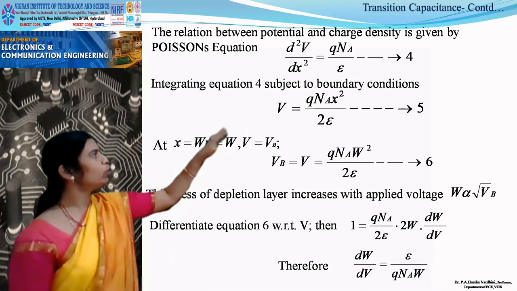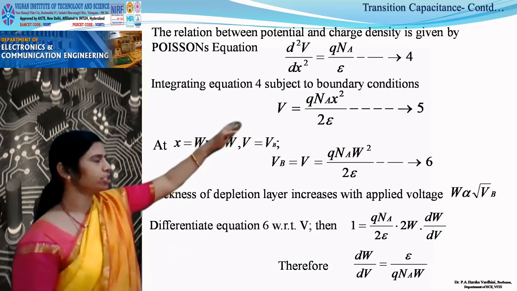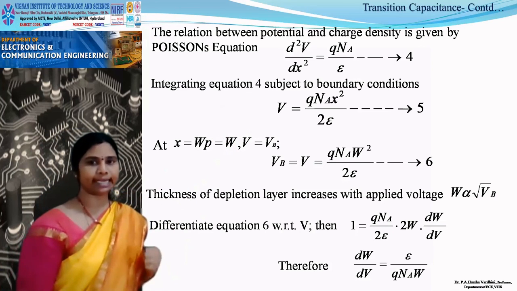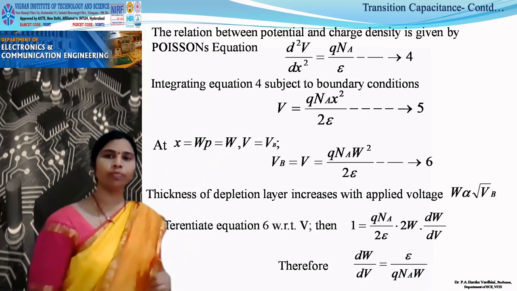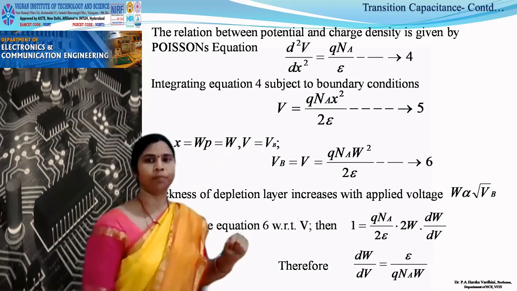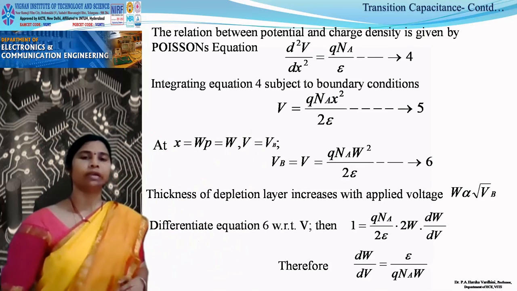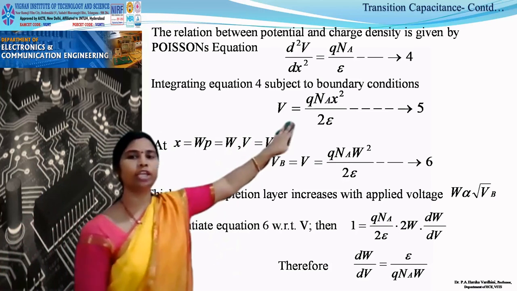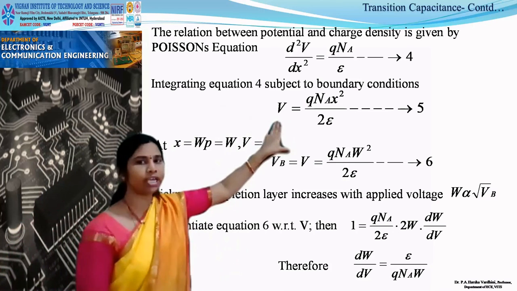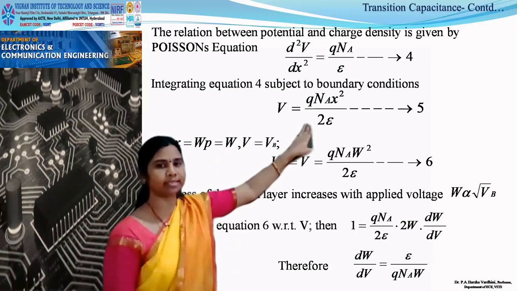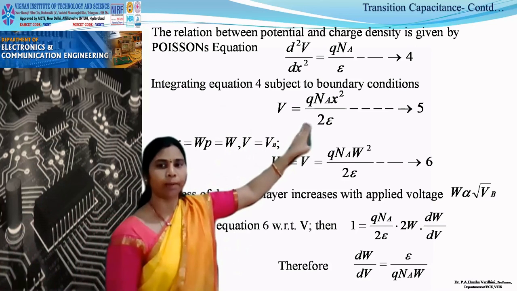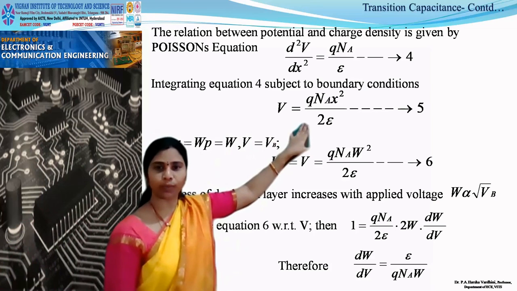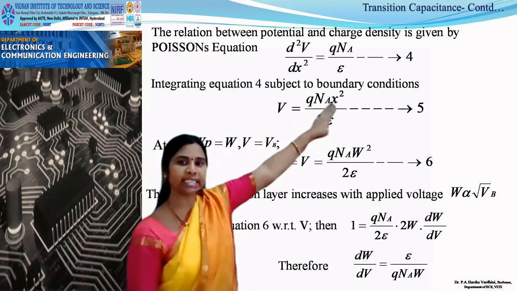If you see the fourth equation, it shows d square V by dx square, which is equal to QNa by epsilon. Now, when you integrate that fourth equation twice subject to boundary conditions, you can get the value of V. V is equal to QNa x square by 2 epsilon. But this is the general equation. You need to apply it to your alloy junction. In your alloy junction, what is X?